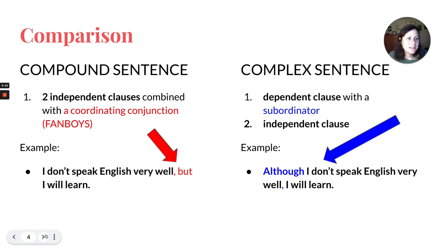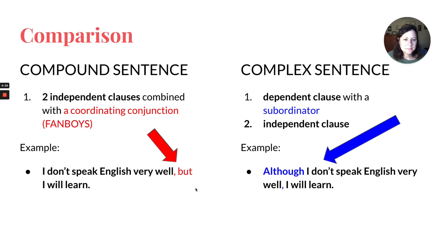Let's compare, because earlier this semester we studied compound sentences. A compound sentence basically has two independent clauses. I don't speak English very well, comma, but I will learn. And these two independent clauses are combined with a FANBOYS, or coordinating conjunction, like for, and, nor, but, or, yet, and so. And these are independent clauses because they're complete sentences. I don't speak English very well.